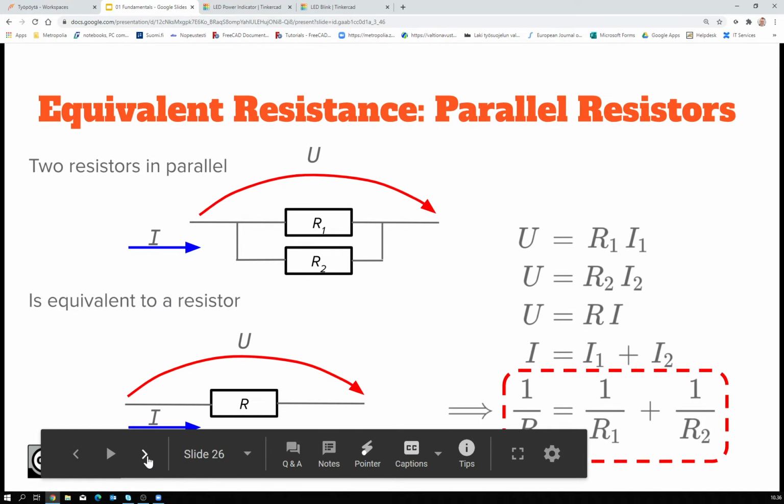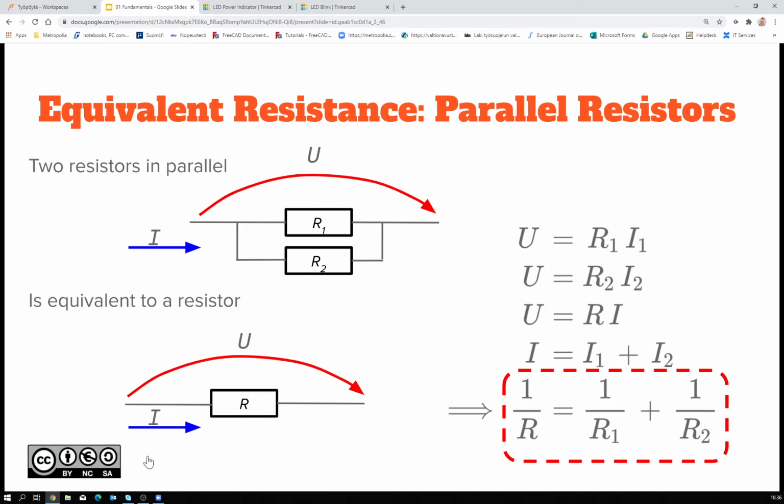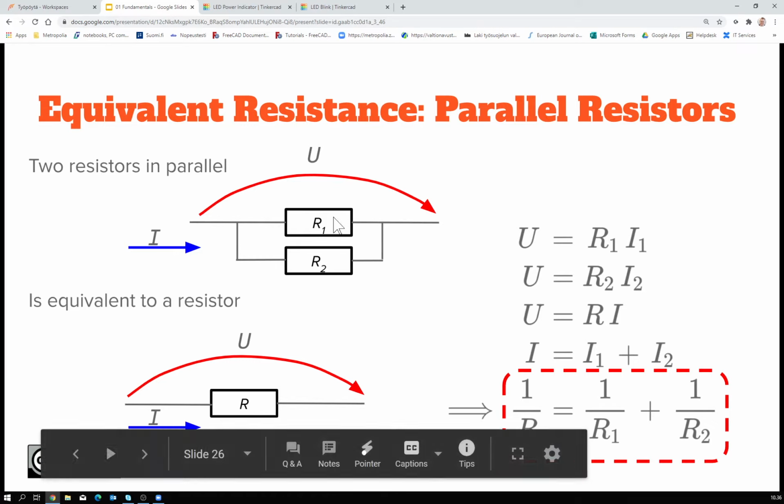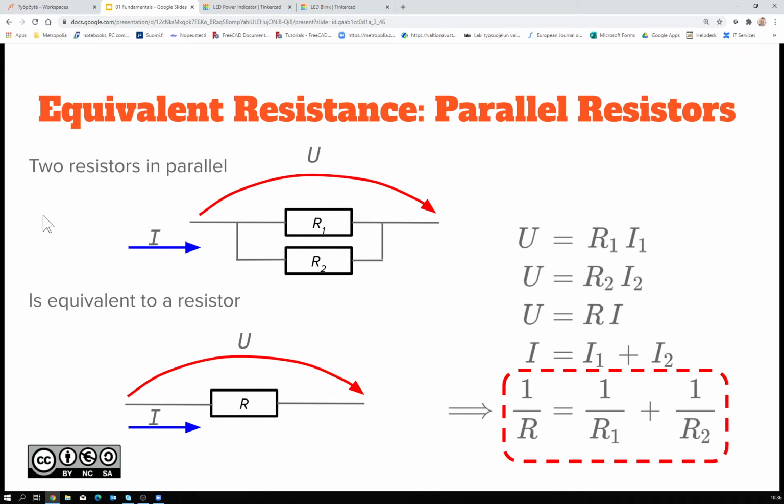The second equivalent resistance would be parallel resistors, when we have two resistors in parallel. I have a dot missing here, it should have the current junction here. Then we have the same voltage over both resistors, and we have combined current.